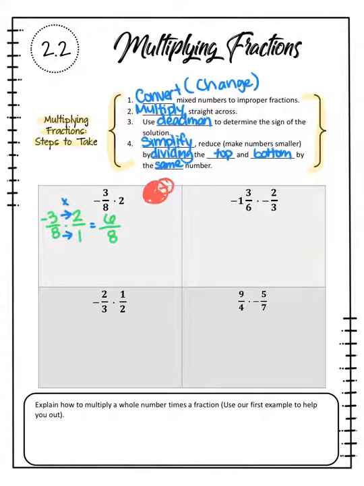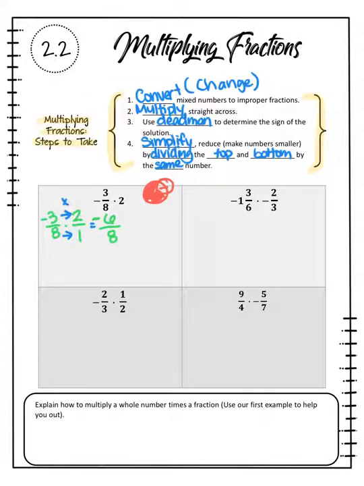So I do know that I'm going to be left with a negative 6/8, but what makes fractions different is that we do have to simplify. You do have to divide both the top and bottom number by a single number that goes into both. So you want to make sure that you get a whole number.